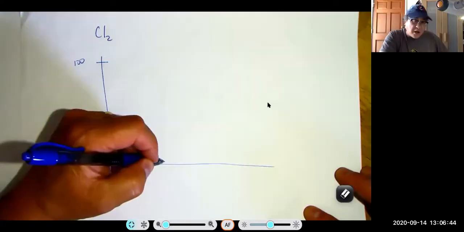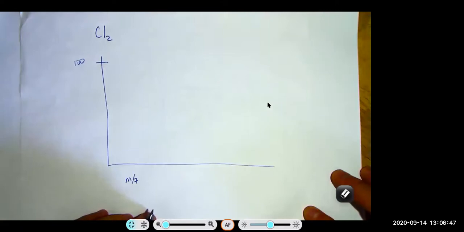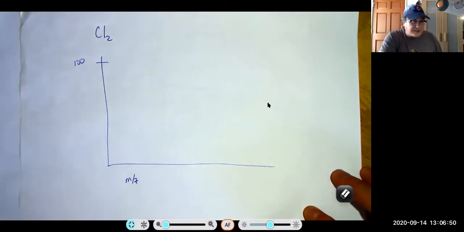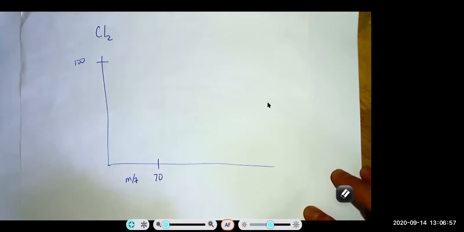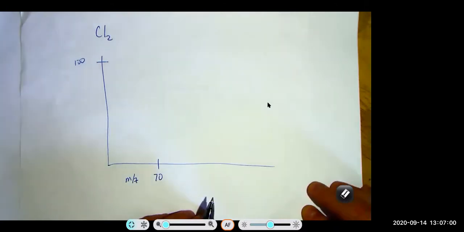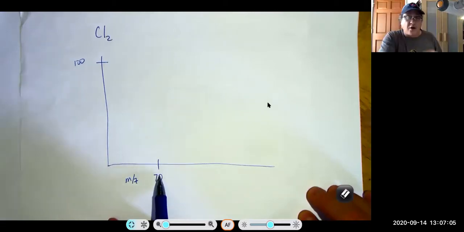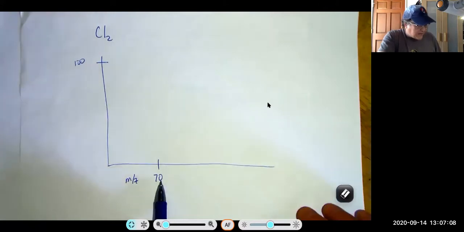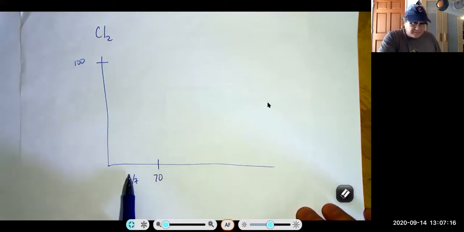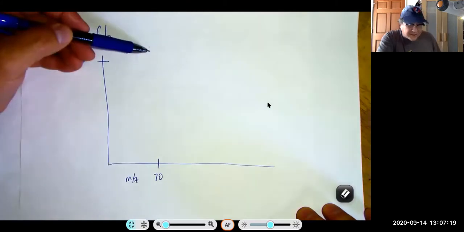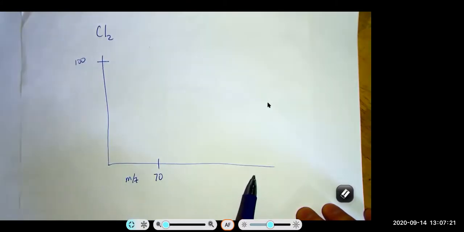Is that the biggest or the smallest? I want to know the mass to charge ratio. So the numbers at the bottom. Not how big the peak is. The numbers at the bottom. Oh, yeah. Okay, so 70. 70 is one of them.